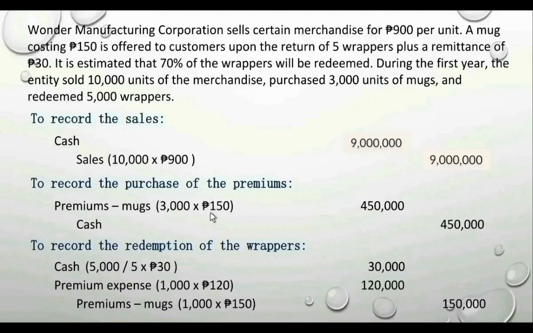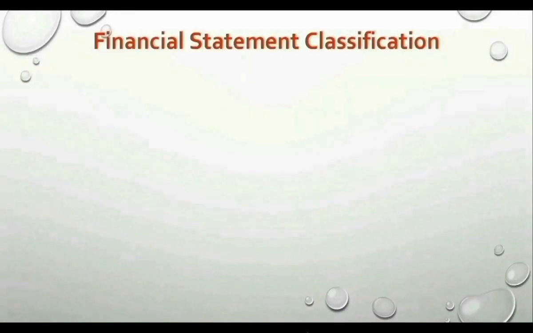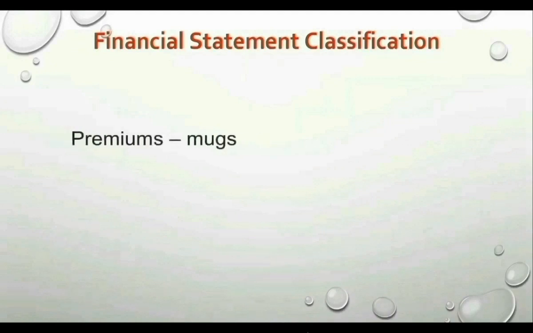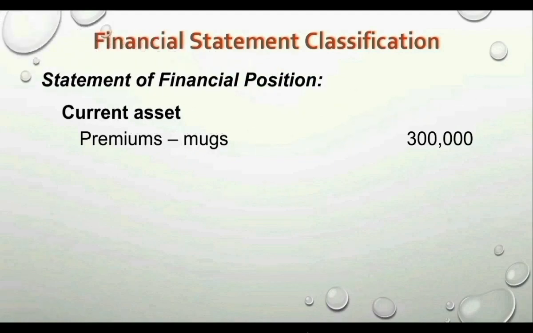Now, another important matter you need to know is the proper financial statement classification of the accounts related to the premium, namely premium mugs, premium expense, and estimated premium liability. Premium mugs is shown under current assets in the statement of financial position.